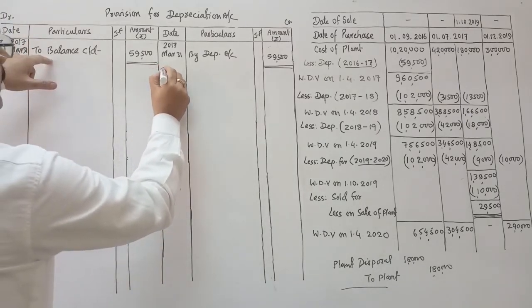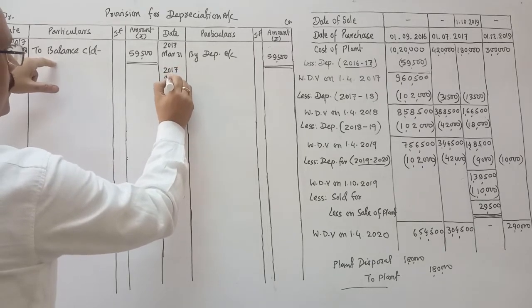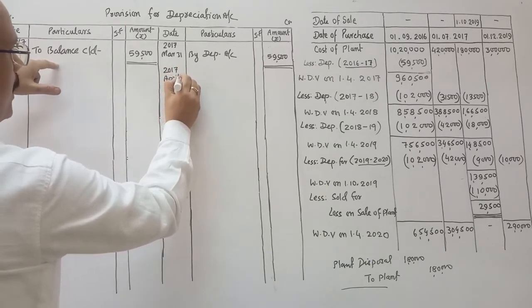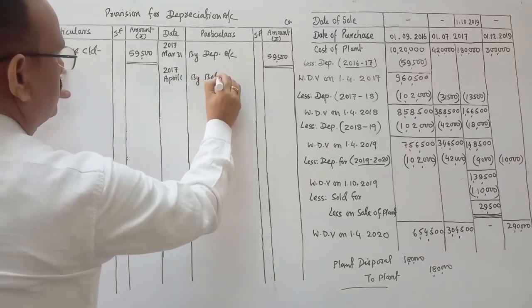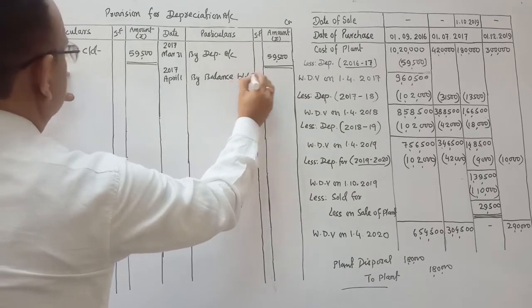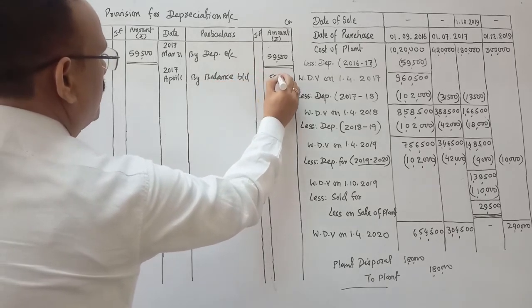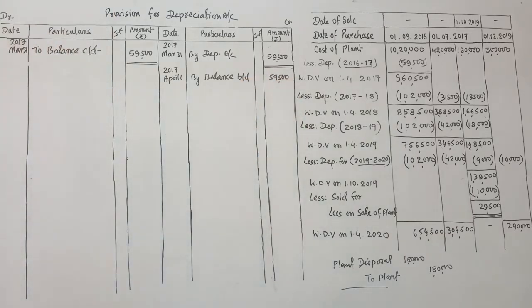Now the next financial year, 2017 April 1st. This will be brought down, by balance brought down, 59,500.